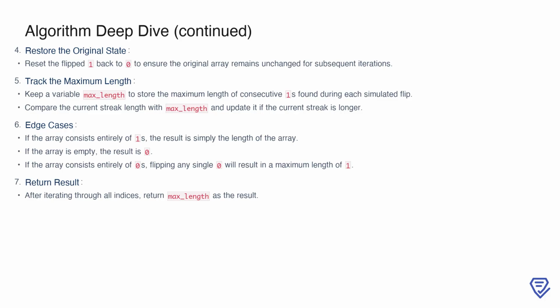For example, if the array consists entirely of ones, the result is simply the length of the array since no flips are necessary. If the array is empty, the result is 0 because there are no elements to analyze. Similarly, if the array contains only zeros, flipping any one of them will yield a maximum streak of 1. After iterating through all indices in the array, we return max_length as our final result.